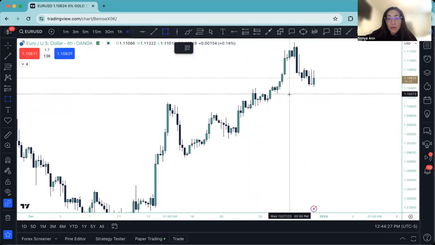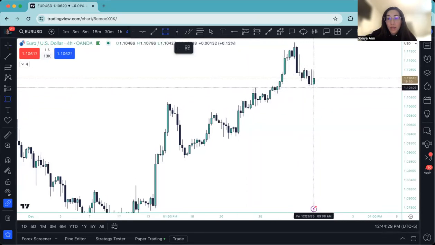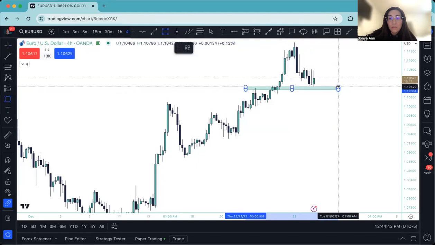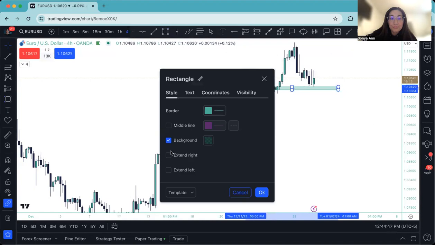Okay, so let's get close to price. Area.